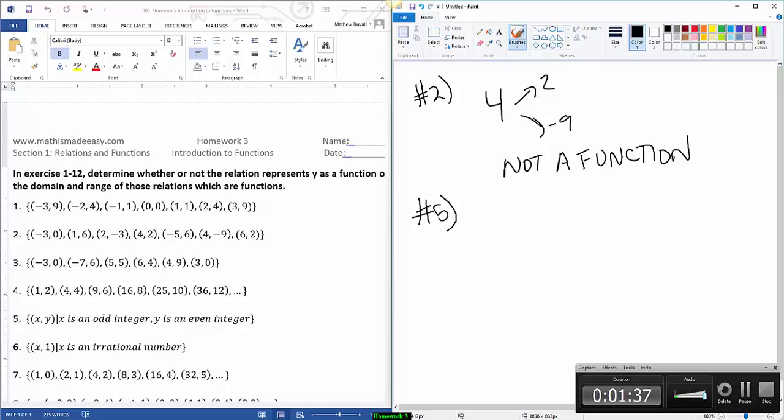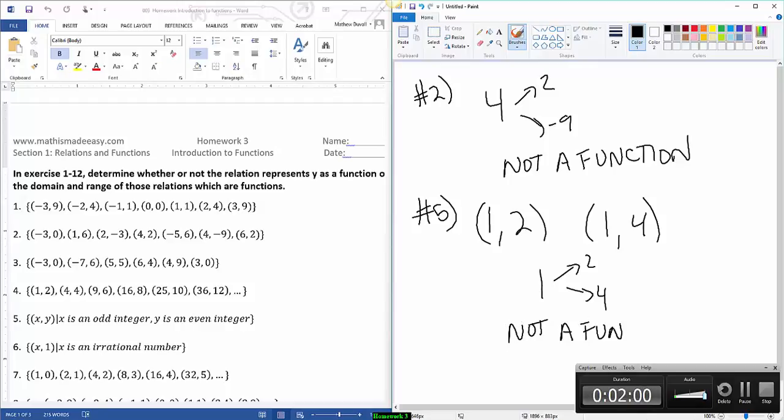So I can say 1, 2. x is odd, y is even. And then I can say 1, 4. x is still odd, y is still even, but now 1 has mapped to 2 and to 4, and therefore that's not a function. I like that problem. That was a good one.